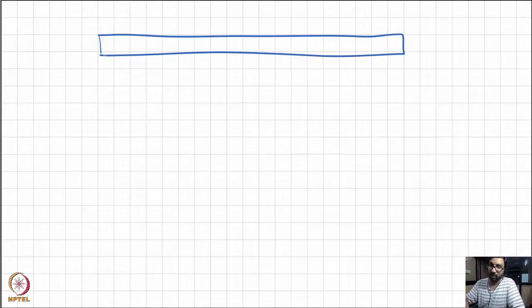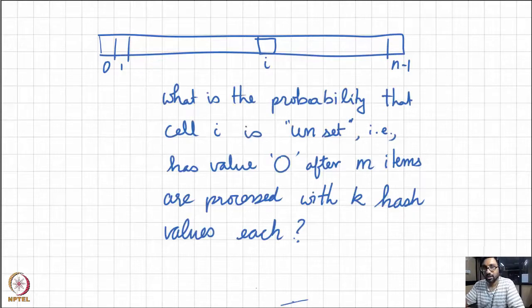So let's assume that we have a binary vector of length n, and let's focus on one particular fixed cell. The question is, what is the probability that that particular cell is unset?